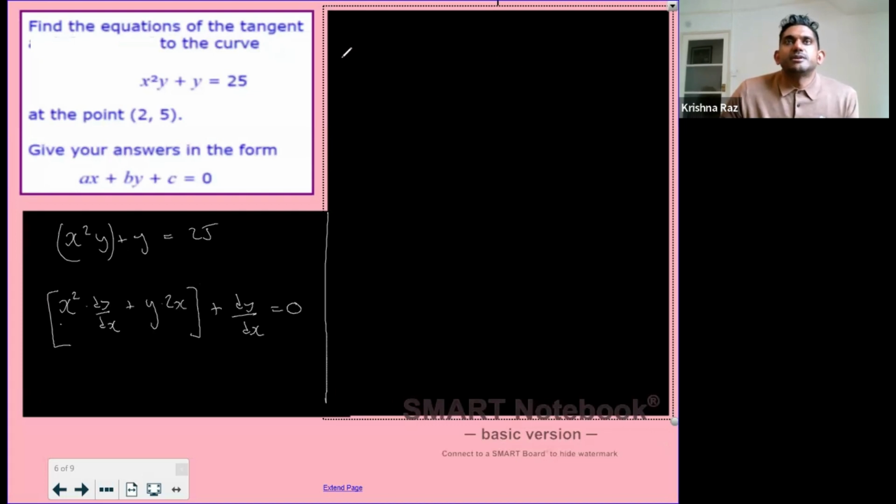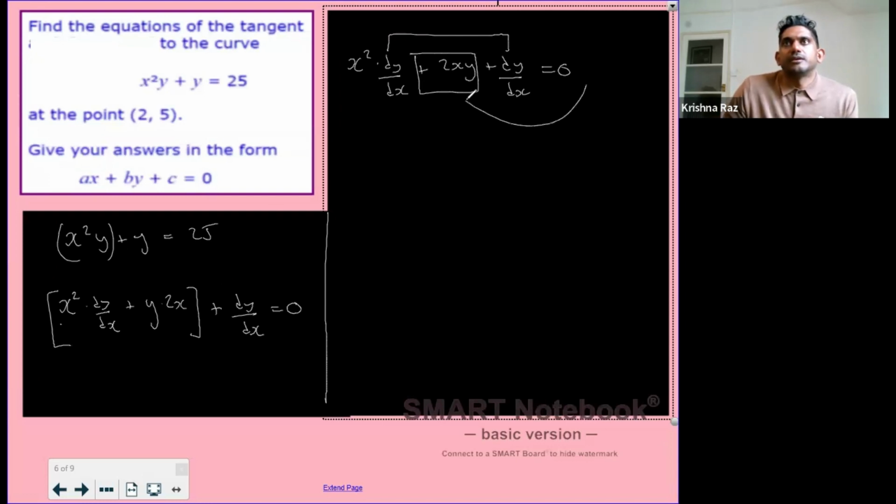So now I need to group my terms. I'm going to rewrite what we have. So we have x squared times dy by dx plus 2xy plus dy by dx equals 0. So this bit will factorise. And this bit here can go to the other side. So I'll have an equals negative 2xy on the right-hand side.